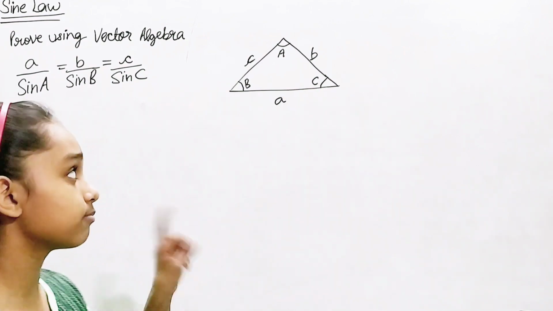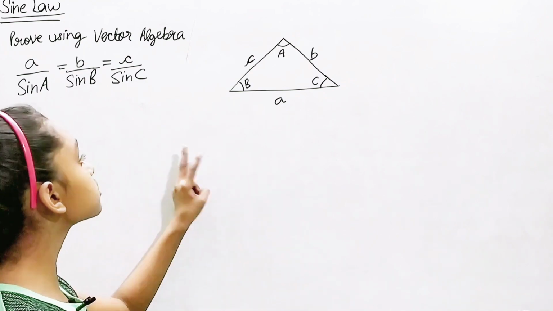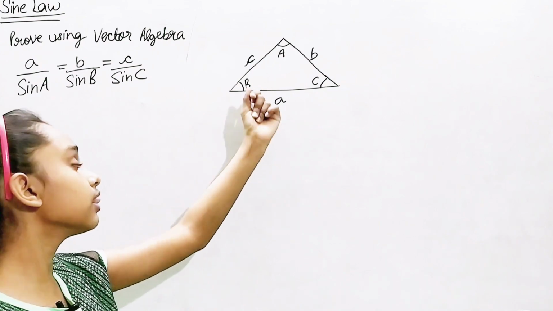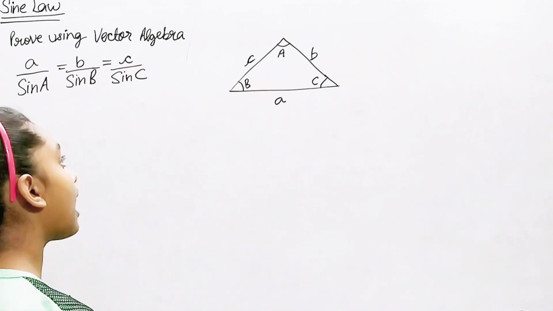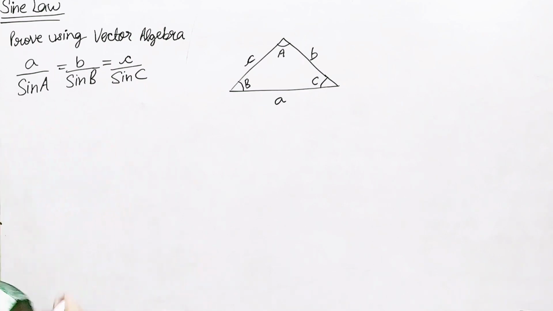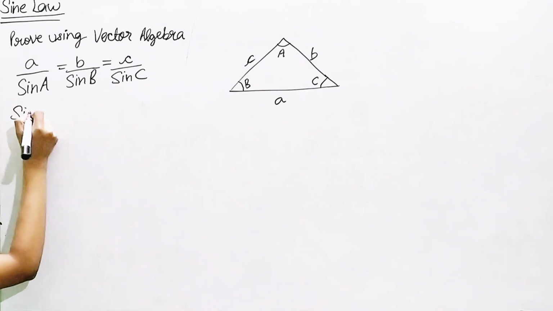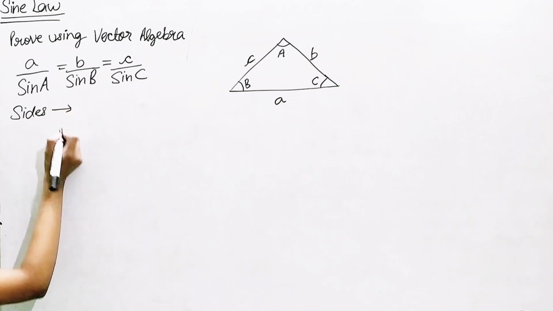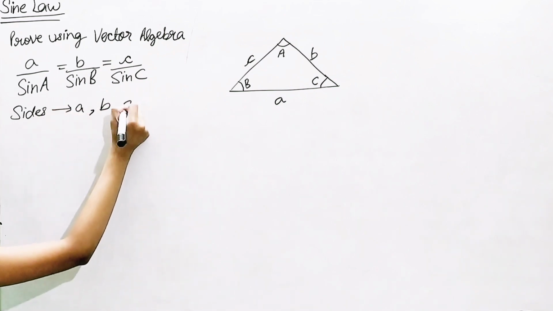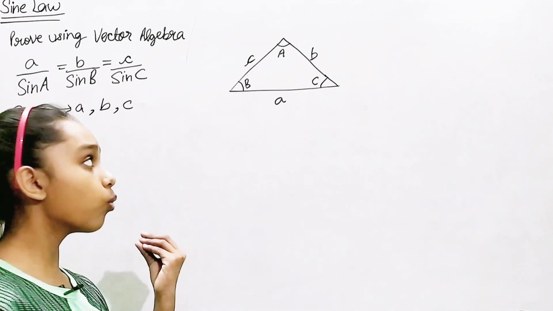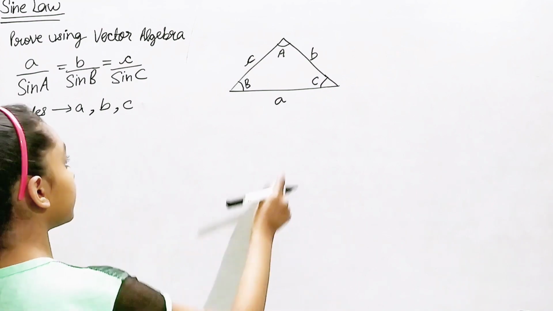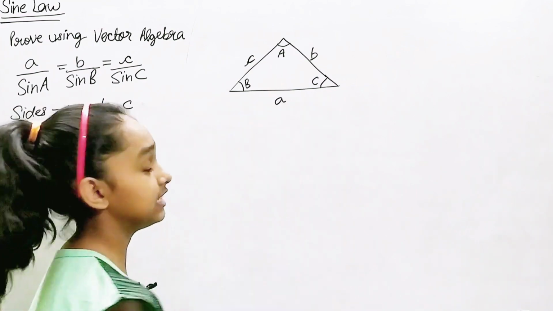Don't forget to say small, because we have used capital letters for the angles. So our sides will be small a, small b, small c, and our angles will be capital A, capital B, and capital C.